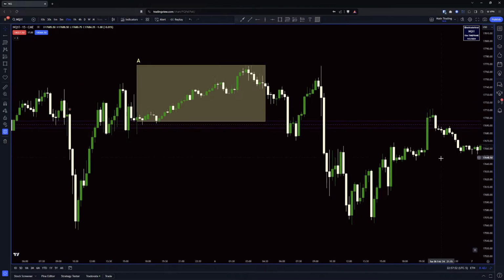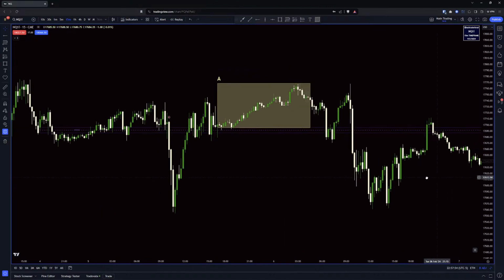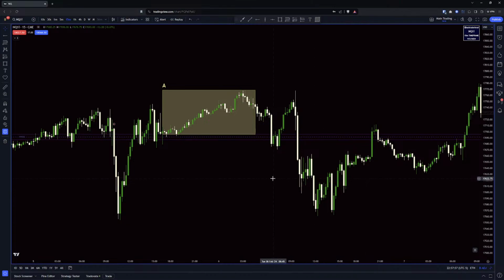We have another one of these interesting ones: accumulation to the upside, manipulation to the downside, a fake distribution phase, and the real distribution phase. So this is definitely more difficult.